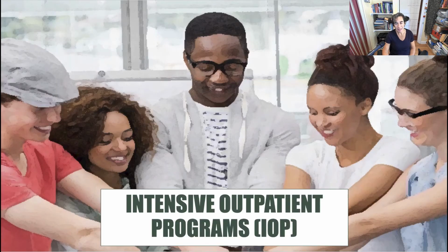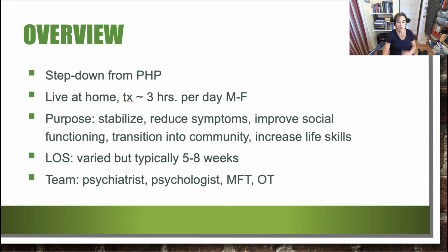Next up is intensive outpatient programs. So we had partial hospitalization, which is PHP, and now IOP. This is a step down from the PHP. The person, again, lives at home, but treatment is for just about 3 hours a day, so a half day, Monday through Friday.